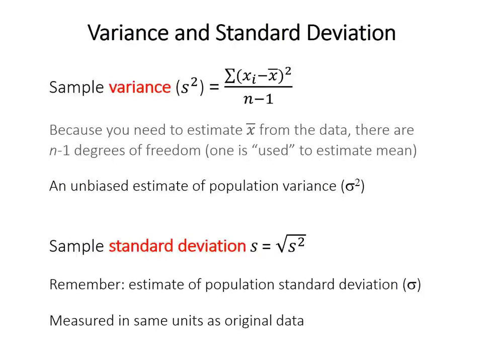If we've measured rock chemistry in parts per million, or the size of something in millimeters, the standard deviation will also be in parts per million or in millimeters. And so remember, this is the sample standard deviation, or s, and it's the estimate of the population standard deviation. Right? Statistics is always trying to estimate a population parameter from the sample that we have.